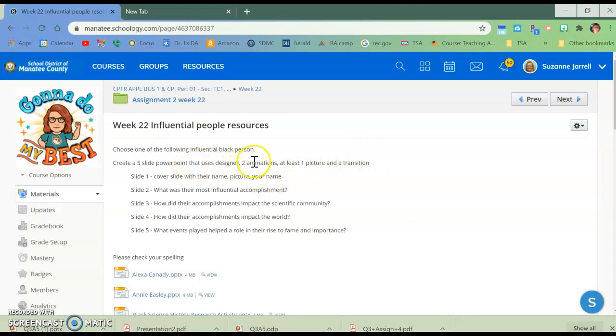So each slide must have at least 2 animations, must use designer, have at least 1 picture, and then a transition to the next slide. Slide 1 is your cover slide with their name, picture, and your name. Then you're going to be answering the questions.